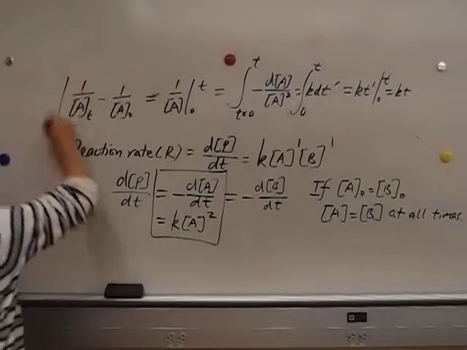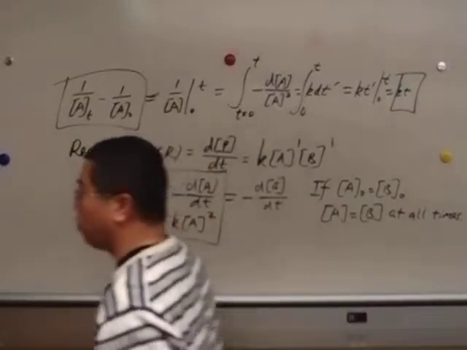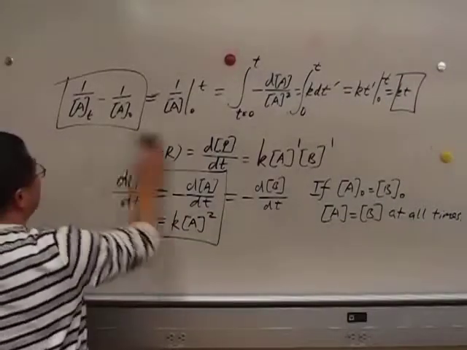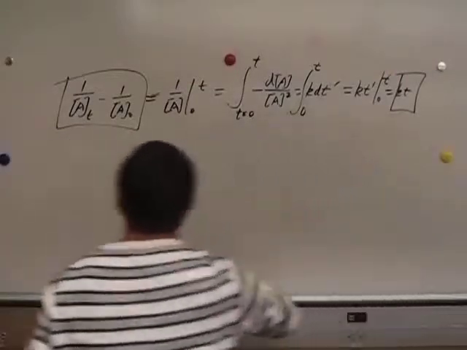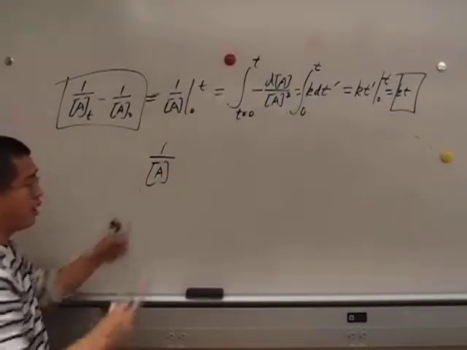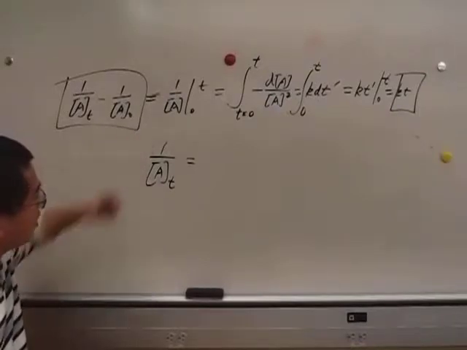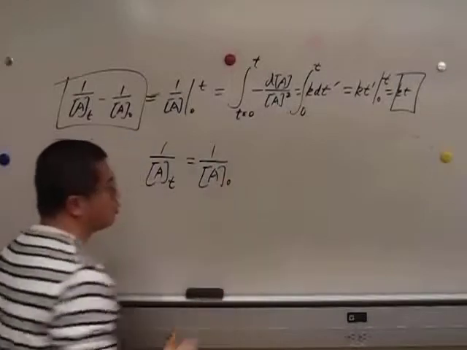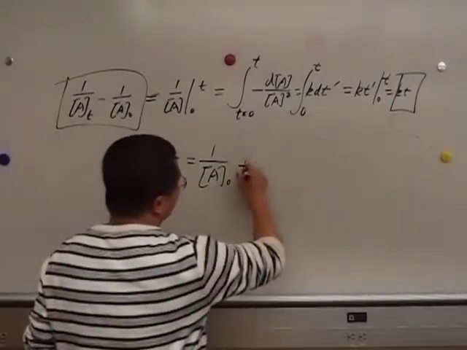And if we look at this end and that end, this is the rate law for the second order reaction mechanism. The concentration of A at time t, you need to take its reciprocal, is equal to the reciprocal of the initial concentration of A plus kt.